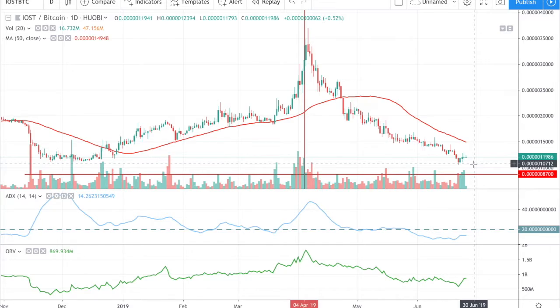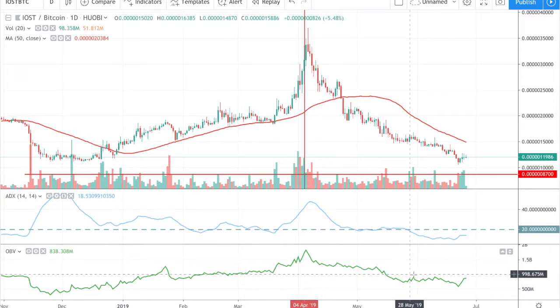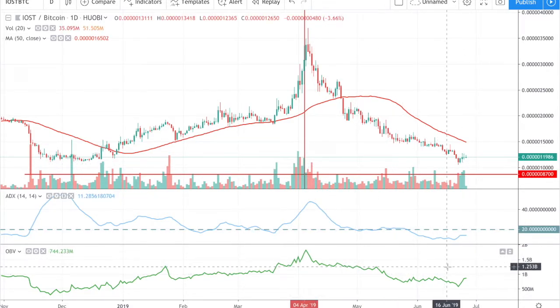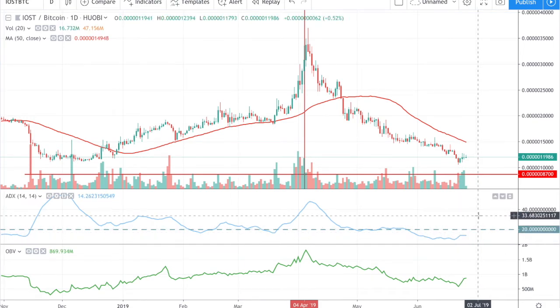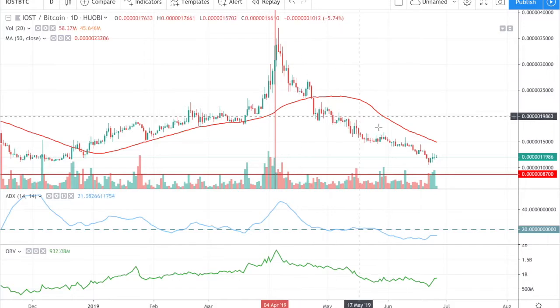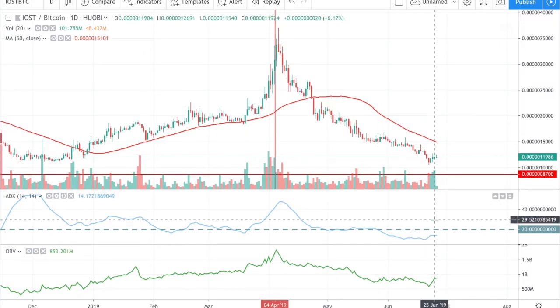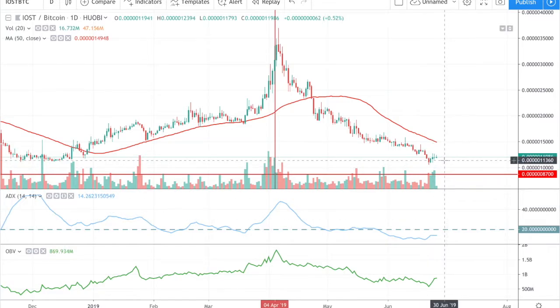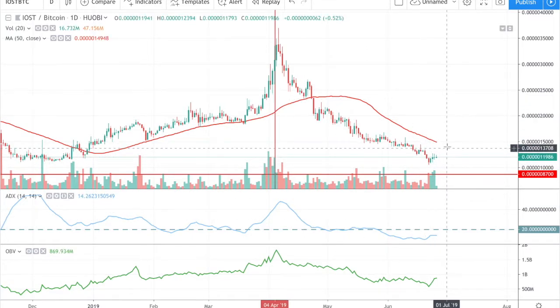OBV is showing obviously a sell-off. ADX is showing range bound, but in this case, since we have a trending price action, I would probably disregard ADX at this moment. So for trends like this, we obviously look for higher highs and higher lows, and that's not what we're seeing right now here.